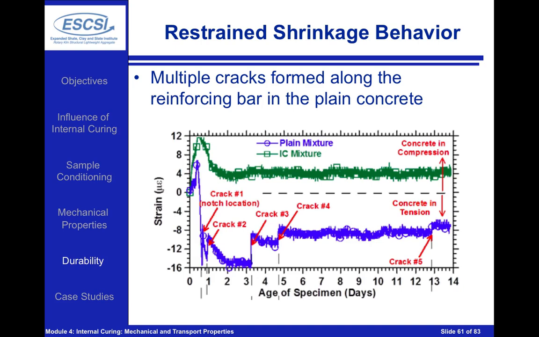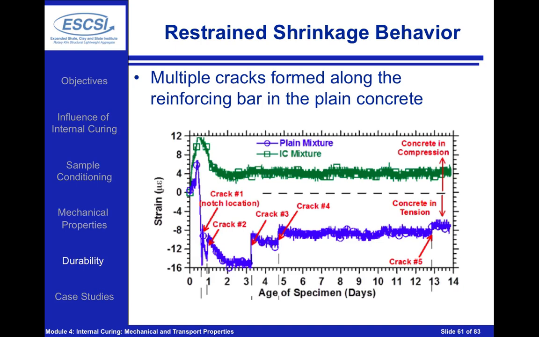However, for the concrete that's in the plain concrete, we see that slightly after that initial temperature rise, we start to see shrinkage developing, and we start to see stresses developing inside of the steel frame. Those stresses are relieved at 3 or 4 spots, which refer to cracking that's occurred inside of the concrete.